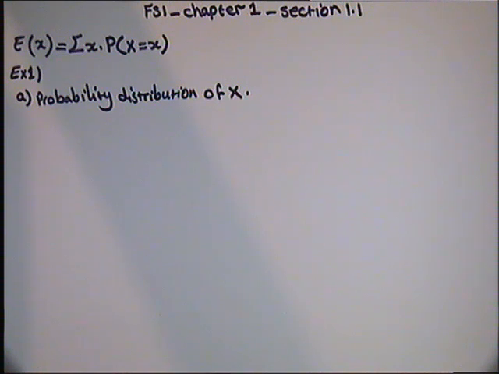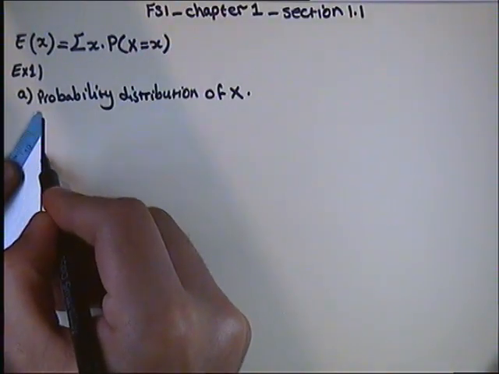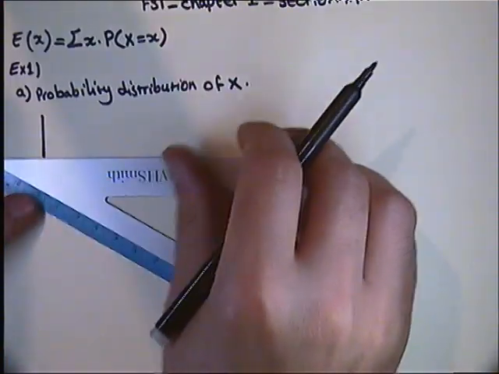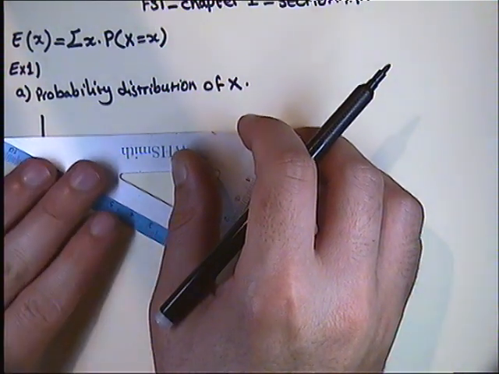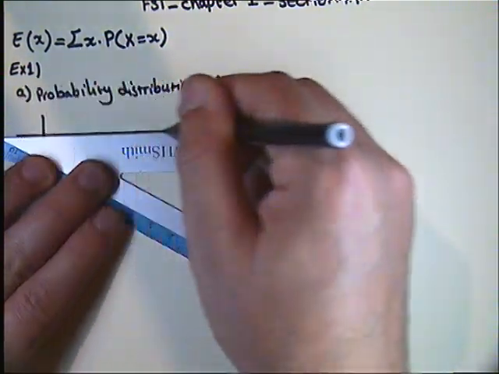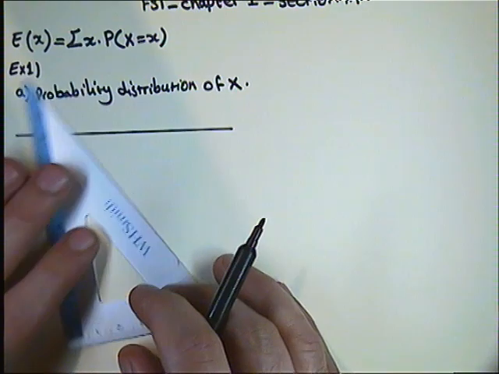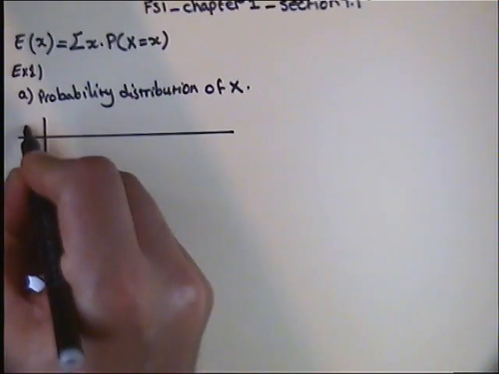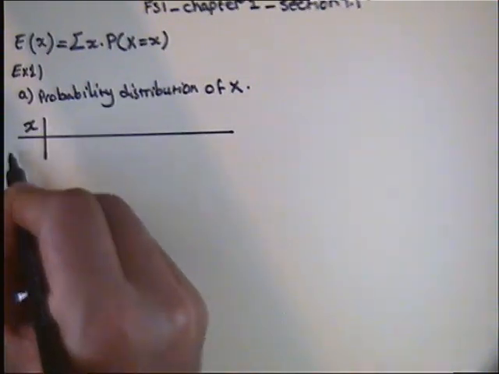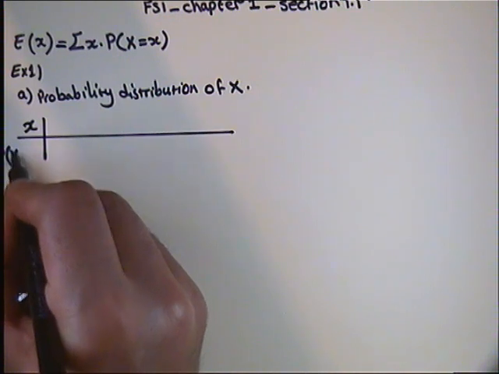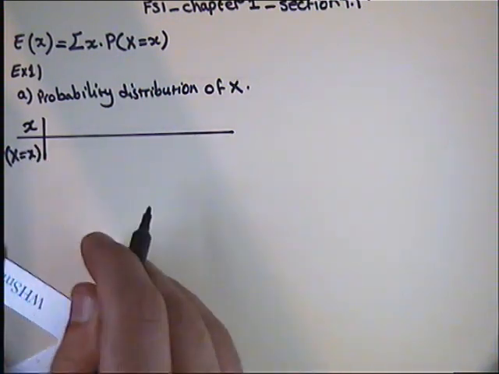Okay, so x and probability of random variable X equals x.